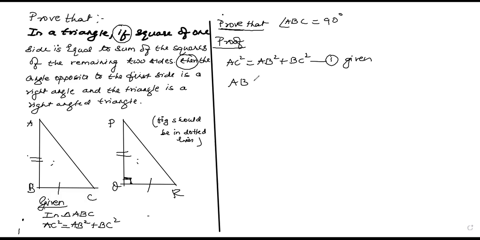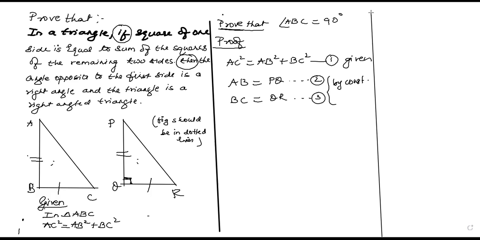AB equals what? PQ. BC equals what, beta? You constructed it equal to QR. Statement number 2, statement number 3, given by construction. I'll say by construction.